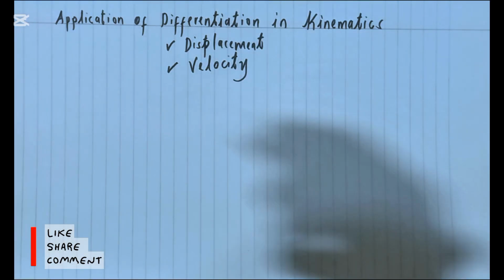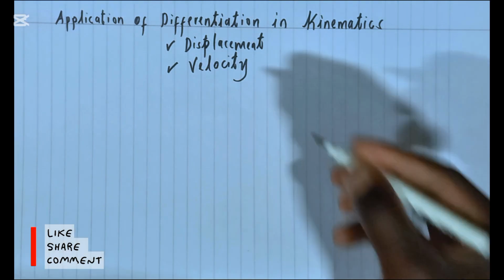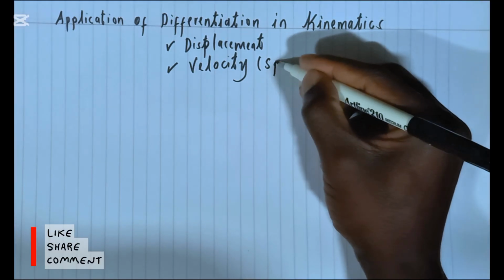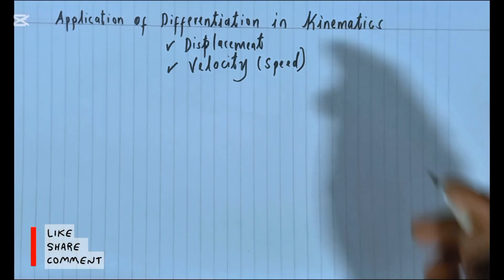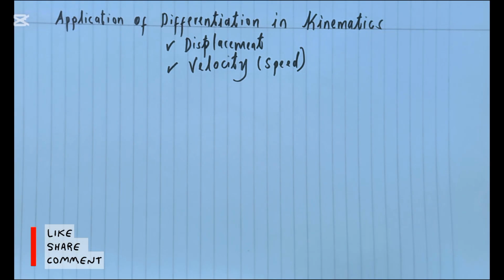So most of you will relate to velocity also as speed, except that when we are talking of velocity, we are speaking of change of displacement in a particular direction.